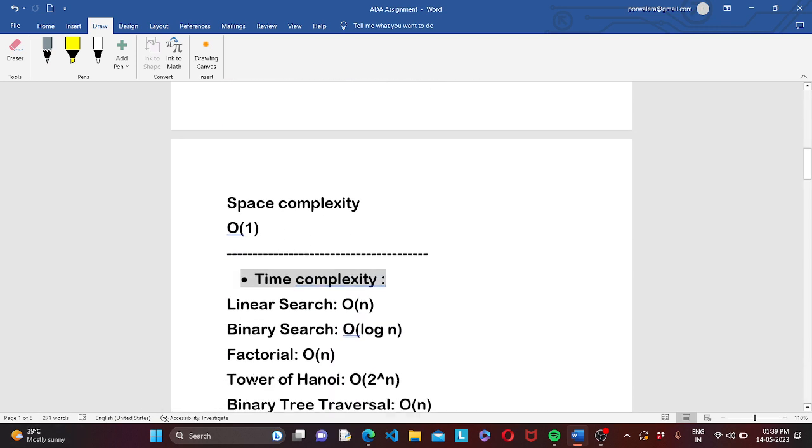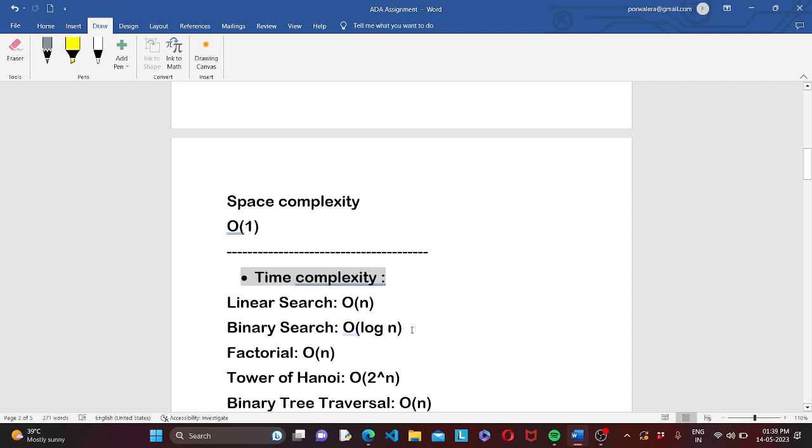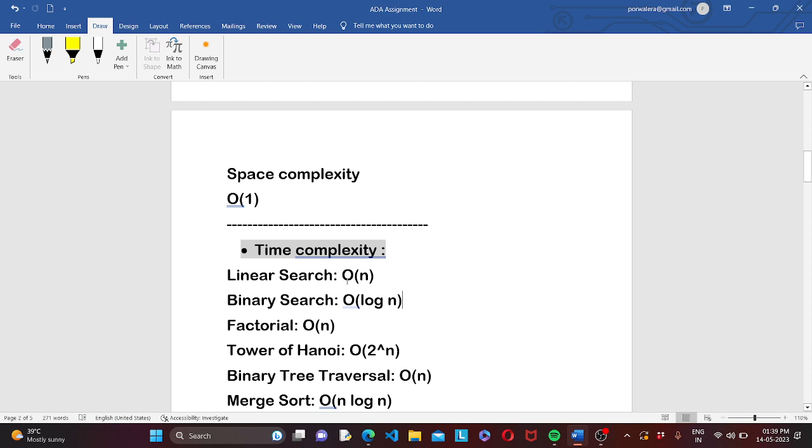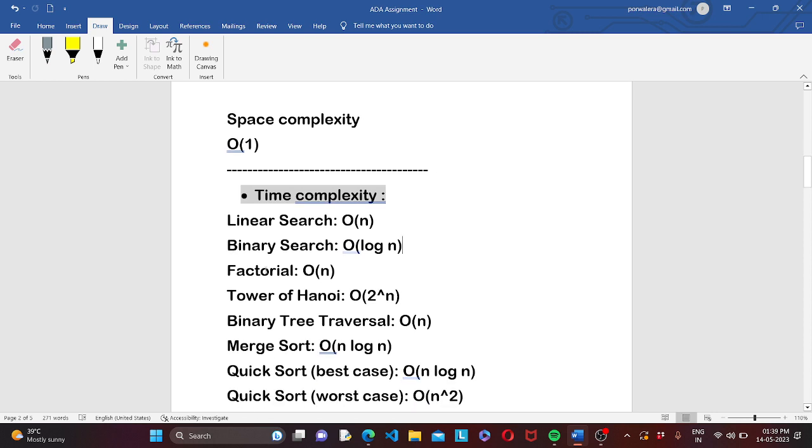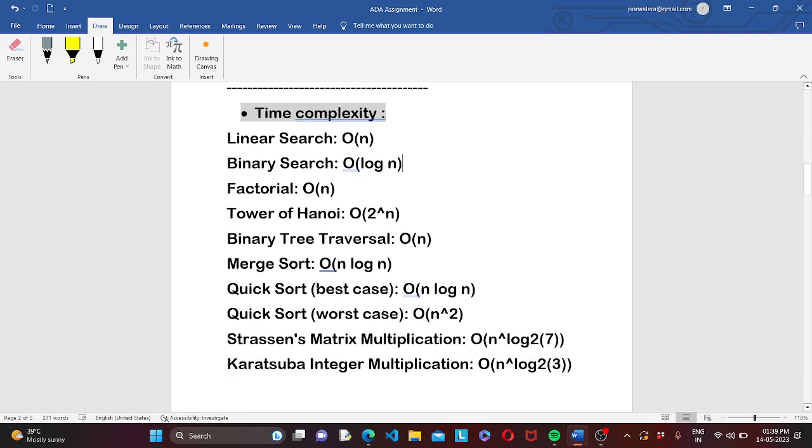Now let us see the time complexities for all the algorithms. Linear search, we have already found as O(n). Binary search, it would be O(log n). Tower of Hanoi, O(2^n). Binary tree traversal, O(n). Merge sort, O(n log n).